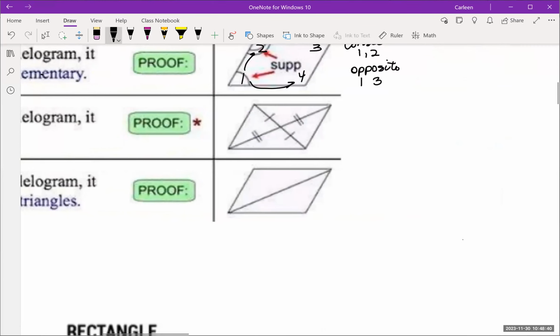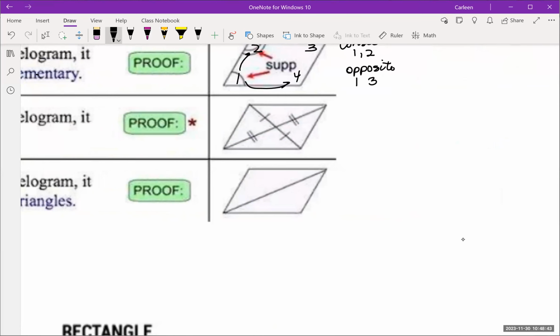We don't talk about that as much again. You could see that this side equals that side. This is the middle. That middle point has bisected that diagonal. And you could see that this one is congruent to that one. That midpoint has bisected that diagonal.